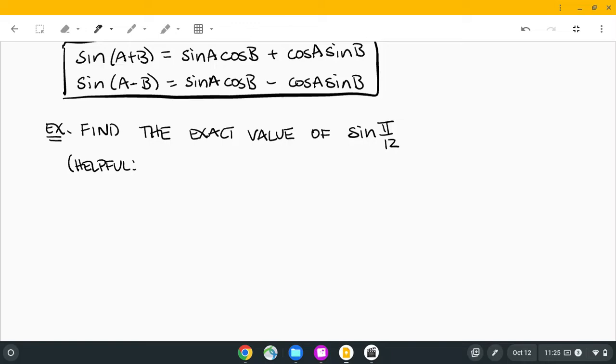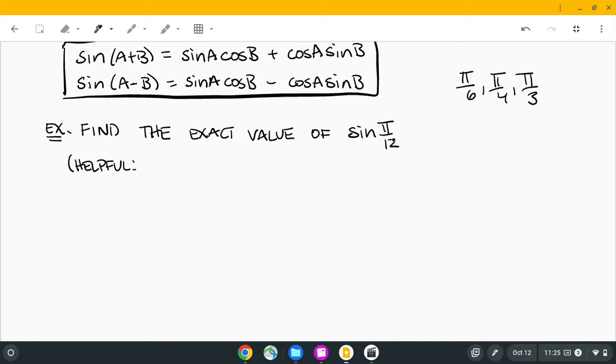Okay, so we know we have pi over 6, pi over 4, and pi over 3 memorized, right? We know that pi over 6 is the same as 30 degrees, pi over 4 is the same as 45 degrees, and pi over 3 is the same as 60 degrees. Okay, so these are the ones we have memorized, but I'm not going to list them in terms of sixths, fourths, and thirds because this is pi over 12, right?